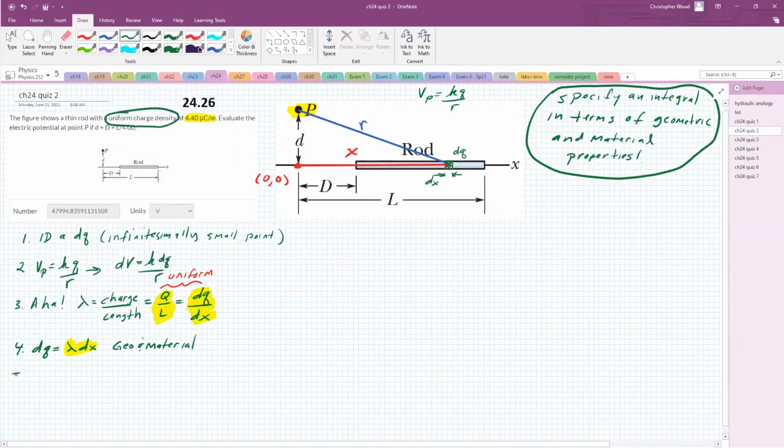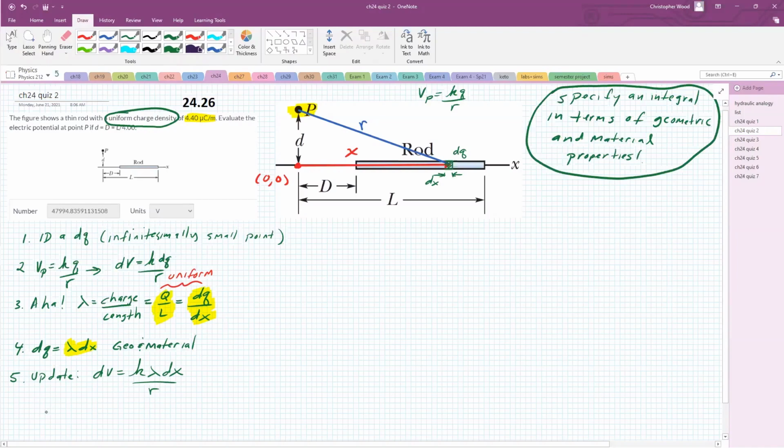So I'm going to update. So here's my new dV. I have dV equals K lambda dx over R. R is the distance between Probert and this teeny tiny point charge.